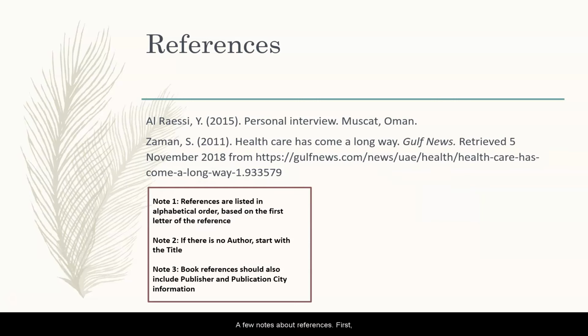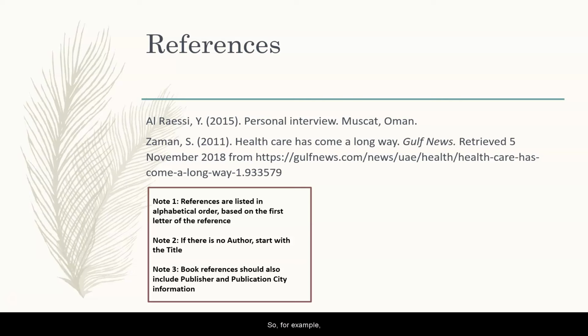All right, a few notes about references. First, when you make a reference list, references are placed in alphabetical order, A, B, C order. This is based on the first letter of the reference. Note number 2, if there's no author for the article, then you would move the title of the article before the date.